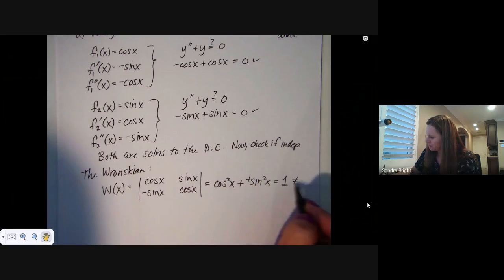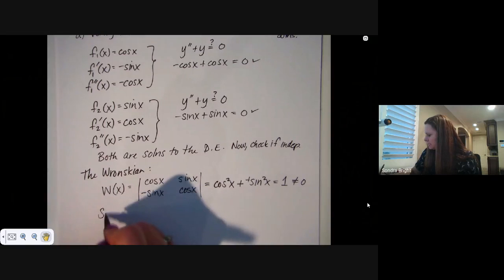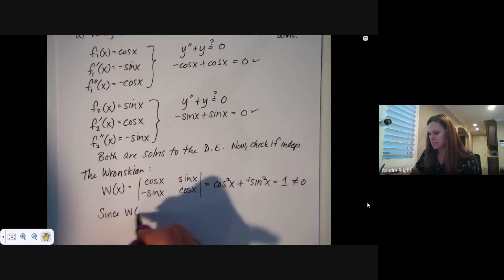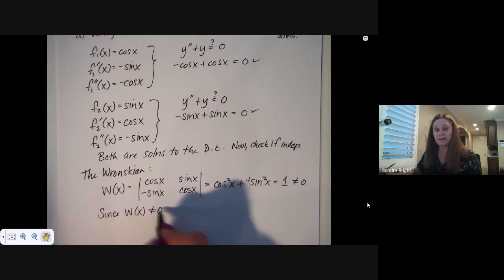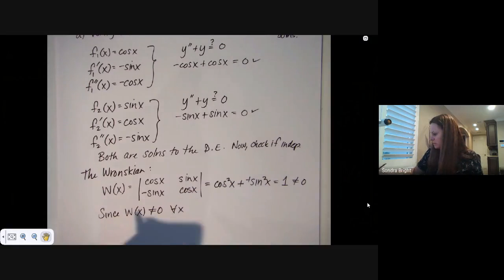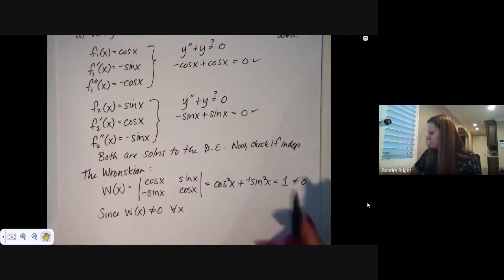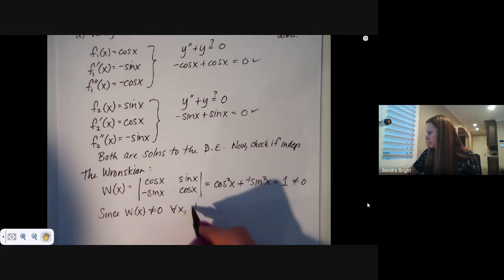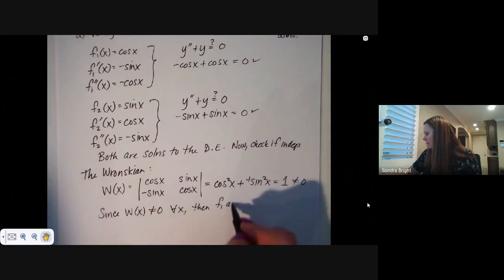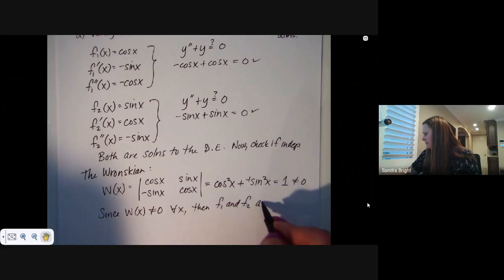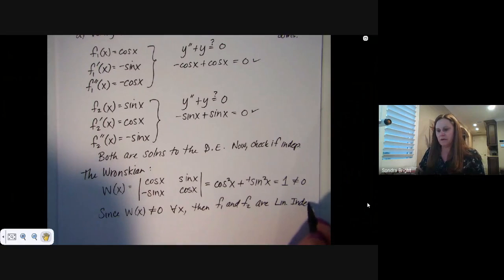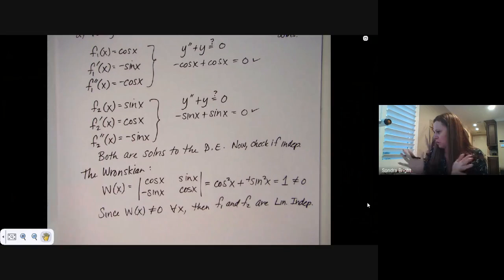Our conclusion is that since the Wronskian was not 0 for all x, not a single x where it equals 0, because it's always 1, then f1 and f2 are linearly independent. So we verified they are both linearly independent solutions to this differential equation.